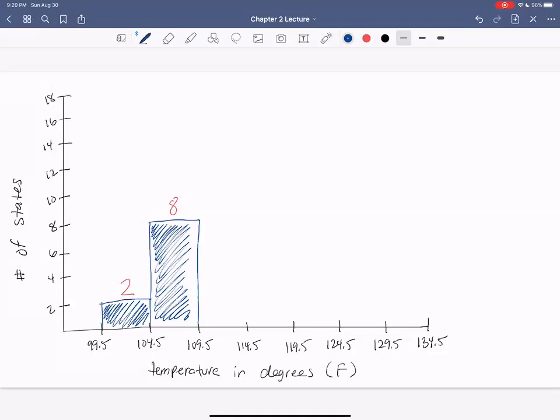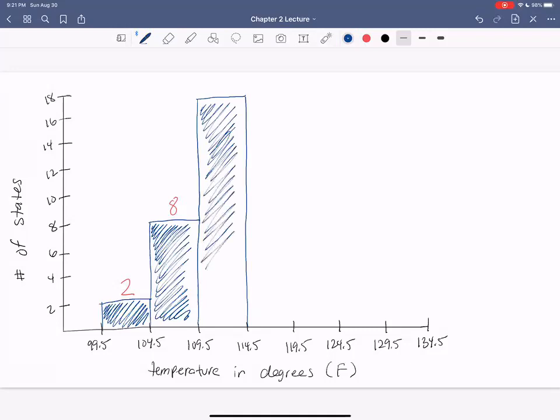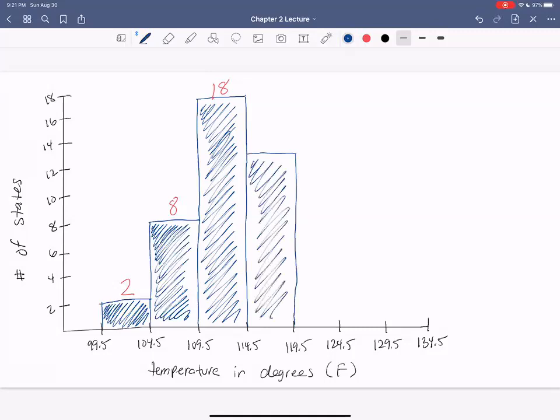Next was 18. So 18. Next one is 13. Then between 119 and 124.5, we have 7.